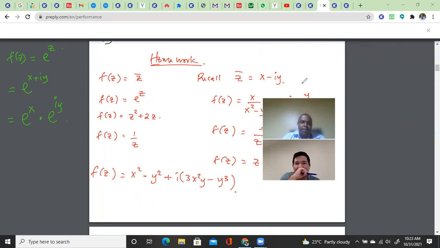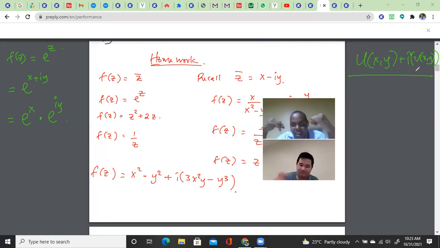But again, before the derivative comes up, you need a u of x,y and an iv of x,y. That is the first step before you bring in the derivative. You need to separate the real from the imaginary.